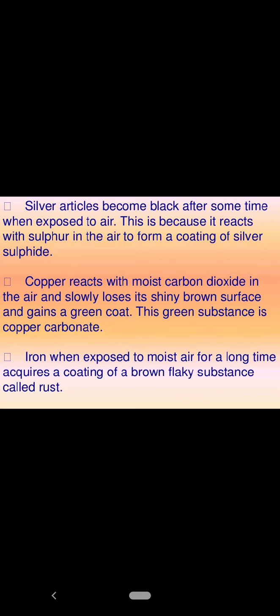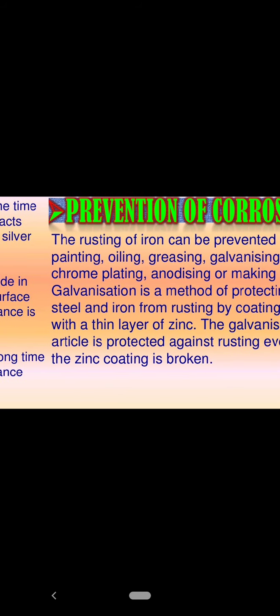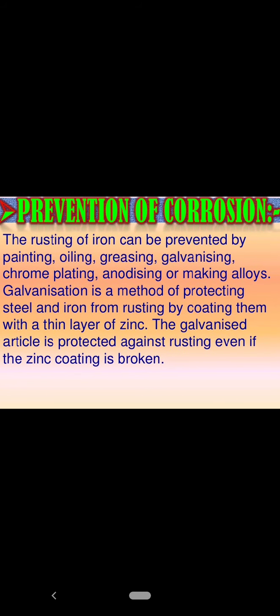If we expose a metal more to atmospheric conditions such as air, then it gets corroded or rusted with time. So in order to prevent this, we have to protect them by painting, oiling, greasing, galvanizing, chrome plating, anodizing or making alloys.